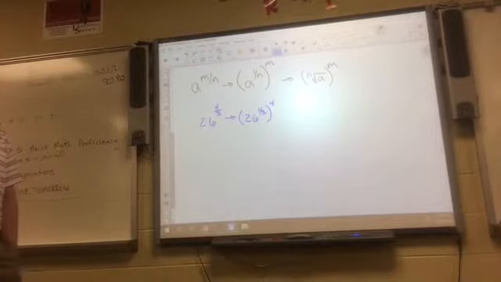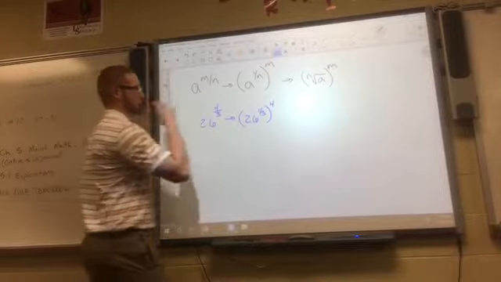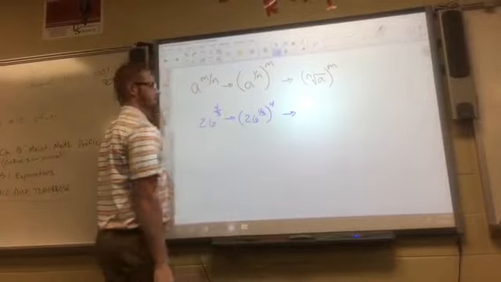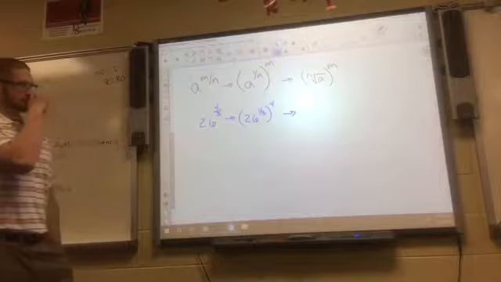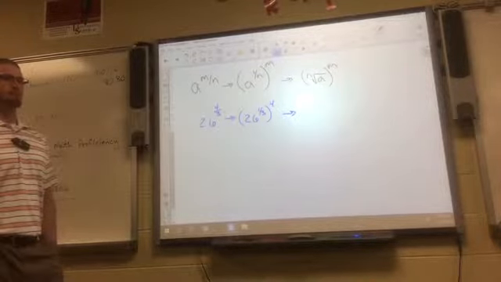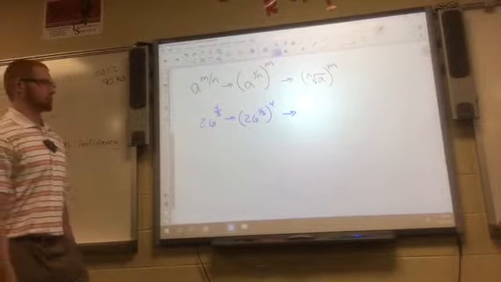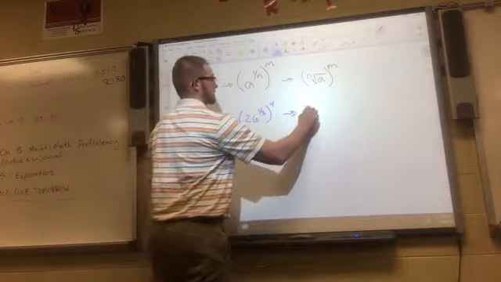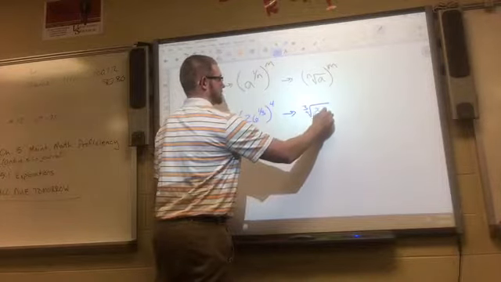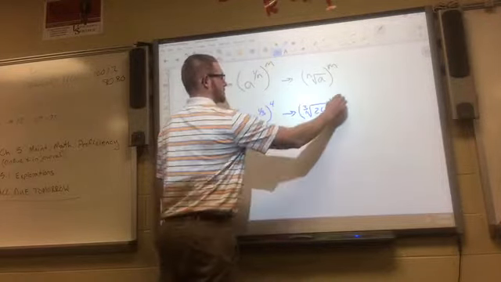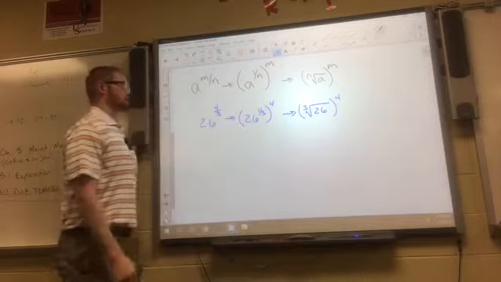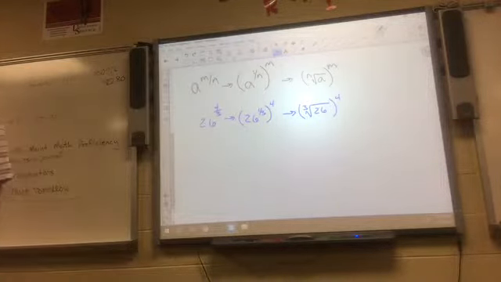And now I can take that 1/3 exponent and turn it into a cubed root. So I would have then the cubed root of 26 to the 4th power. And I have changed that from a rational exponent into a radical.